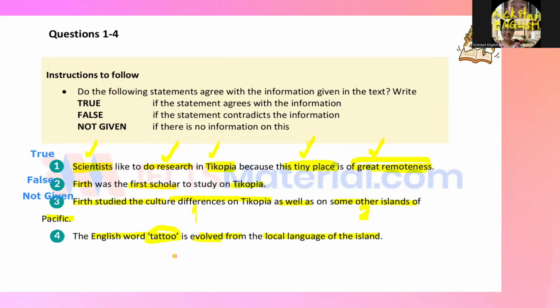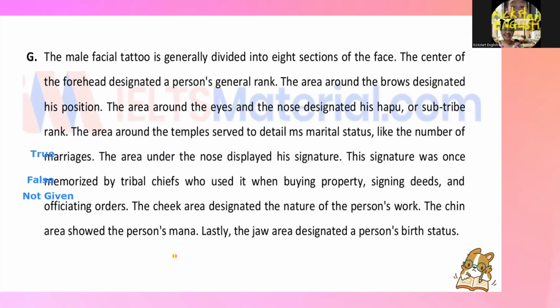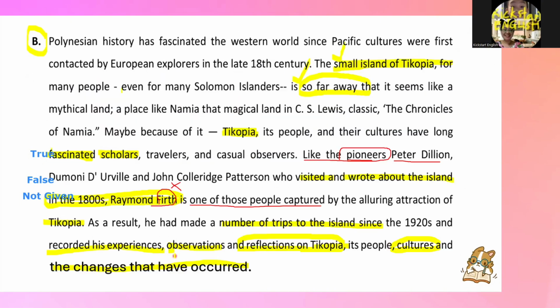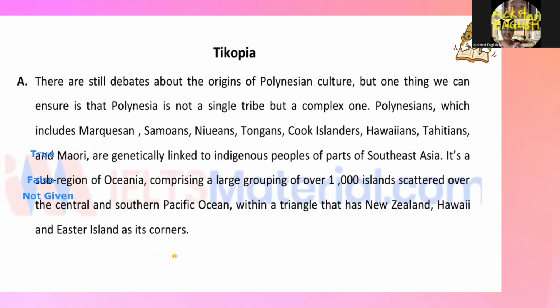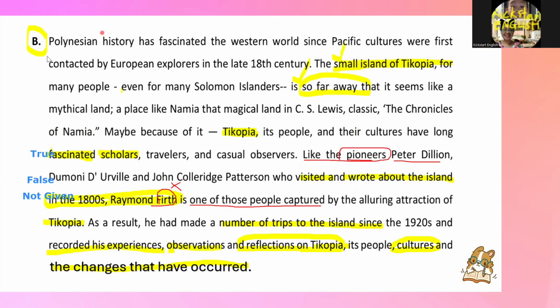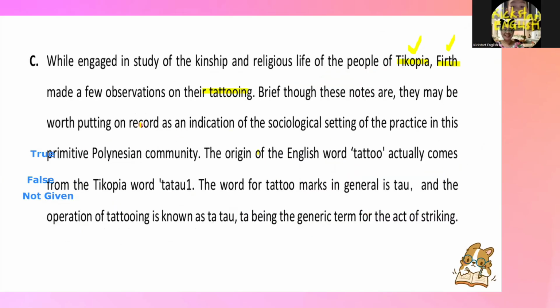So what is the first thing we do? Of course, we go to paragraph A and look for the keyword tattoo. By scanning and skimming, we can't find the word tattoo. Let's go to paragraph B. Scanning and skimming, we can't see the word tattoo. Paragraph C, yay, we found the word tattoo.